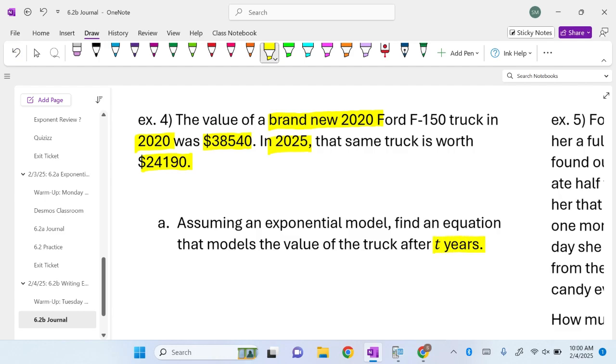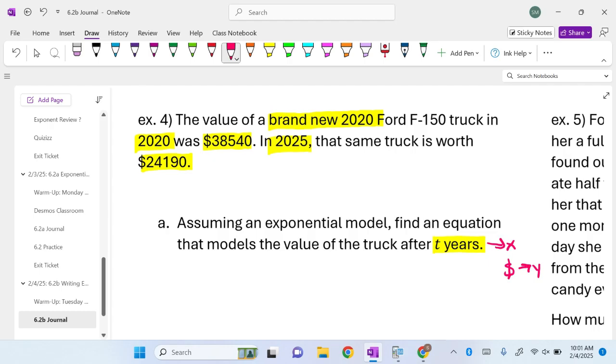So think back to first semester. When we're talking about t or time, what value does that typically represent, the x or y value? So when you think time, it's typically your x value. So in this case, t is going to represent our x value, which means the amount of the truck would be our y value.